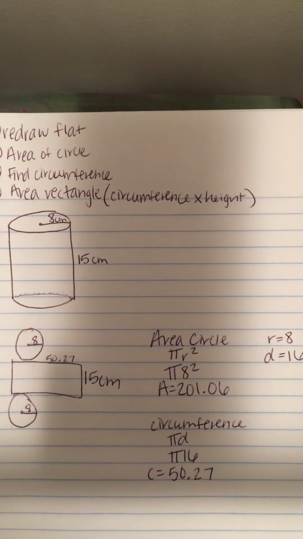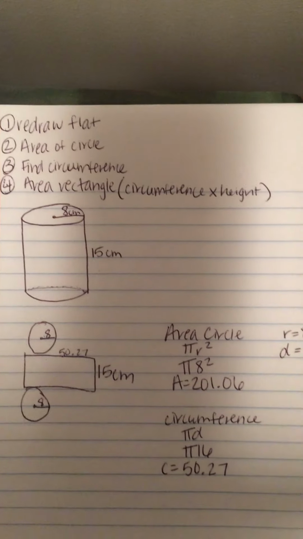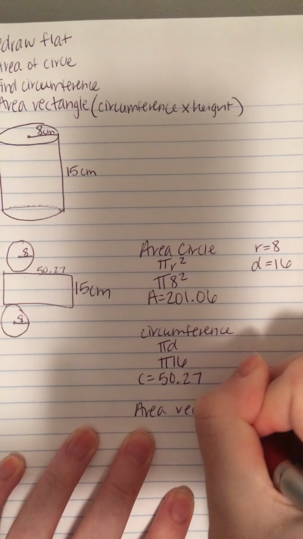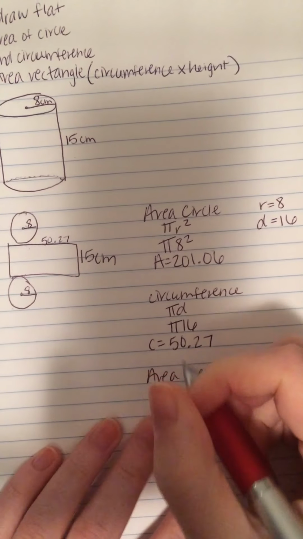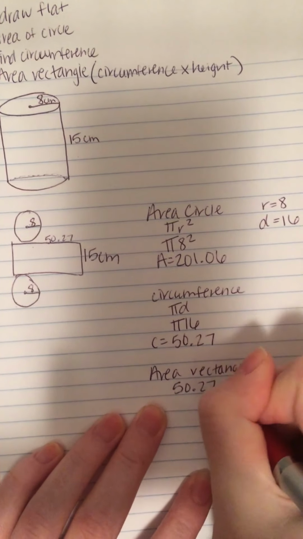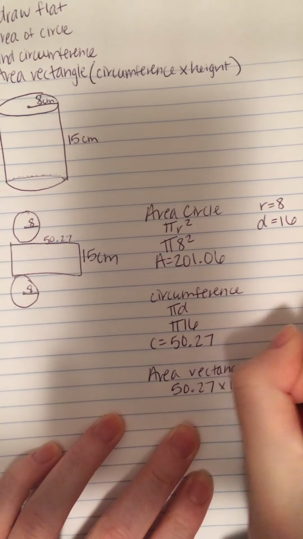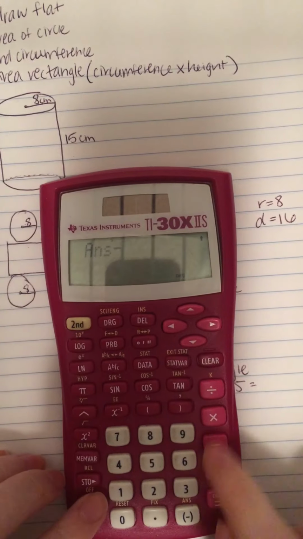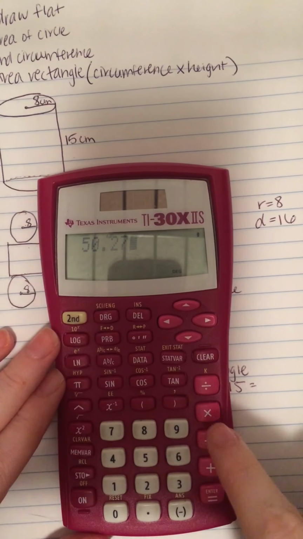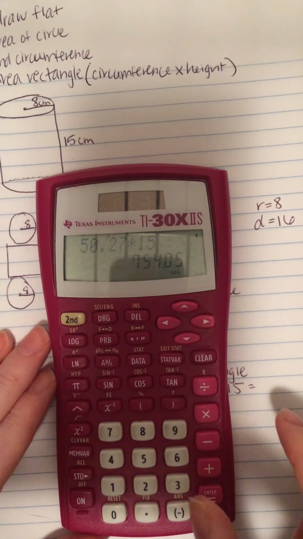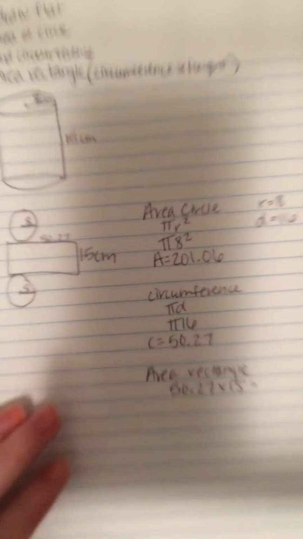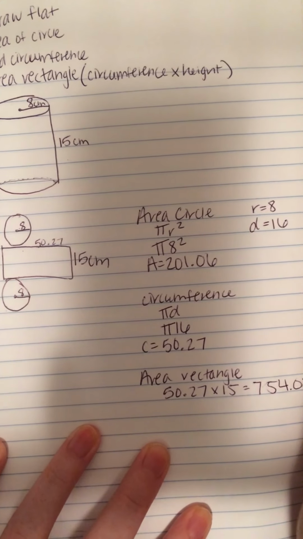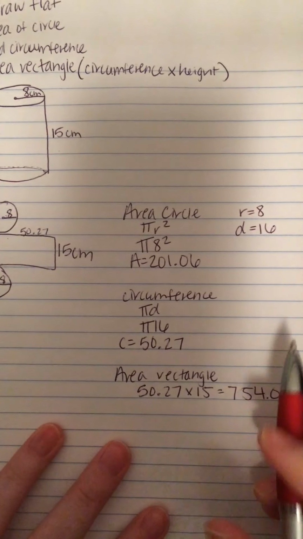So area of the rectangle, I'm going to be doing 50.27, that's circumference, times my height, which was 15 in the picture. So 50.27 times 15. I got 754.05. That is the area of my rectangle.